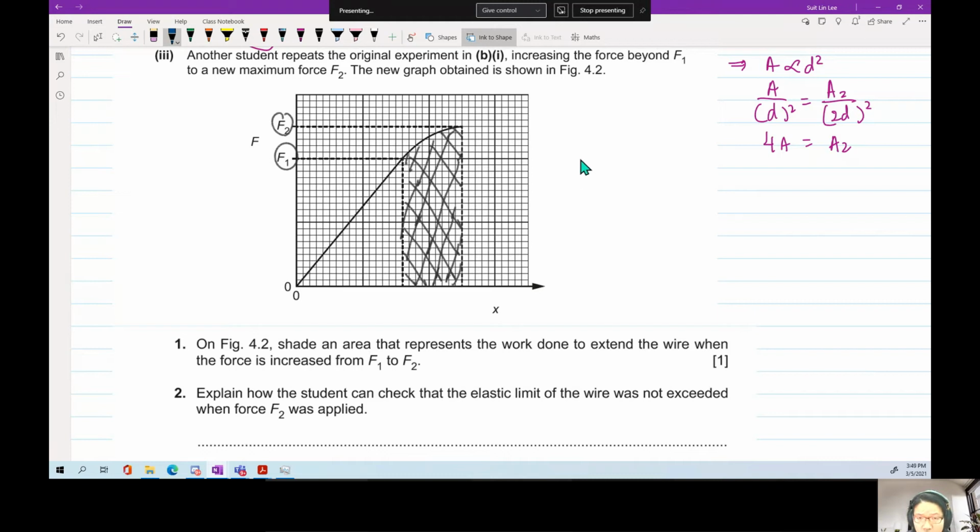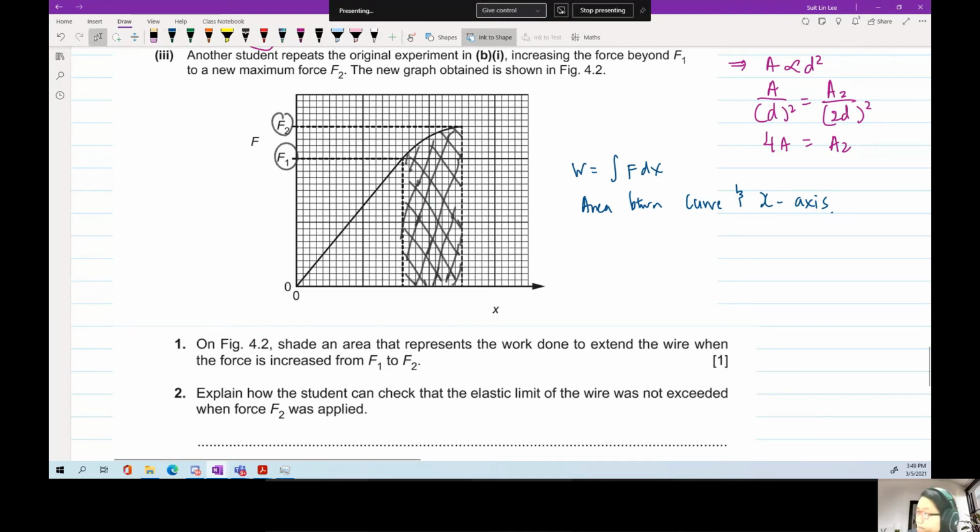So one thing to note, whenever we look at work done or energy, is integration f dx. So it must be the area between the curve and the x-axis. So if you have any calculus background, you will understand, okay, that makes sense. We are looking for this area.